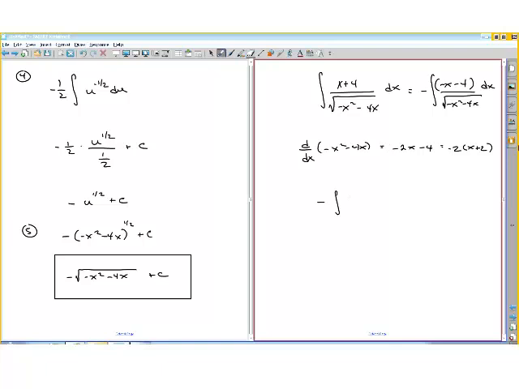Let's see. So if I factor out a negative 1/2, we'll get negative 2x minus 8.